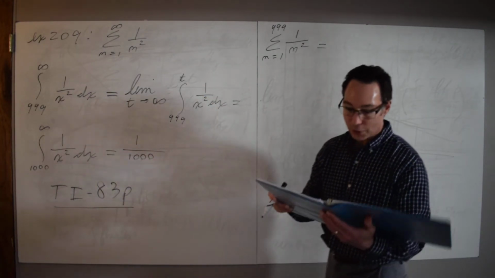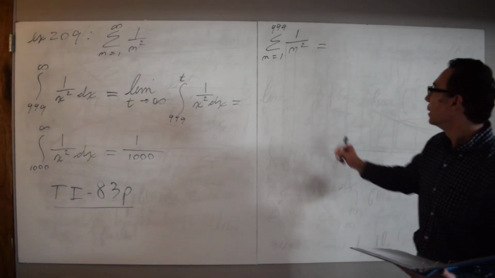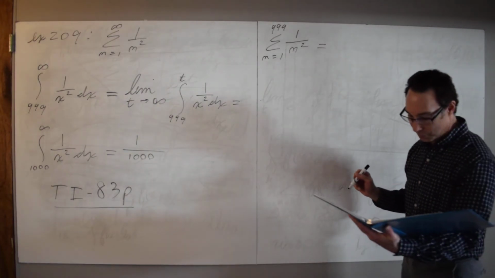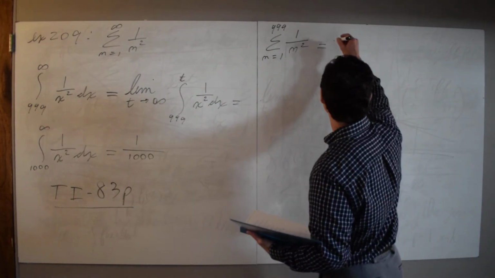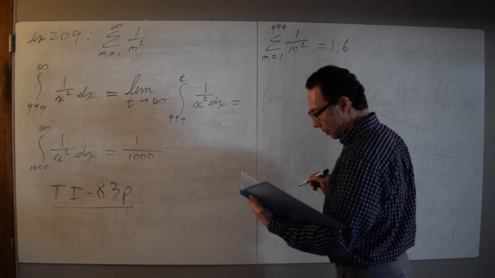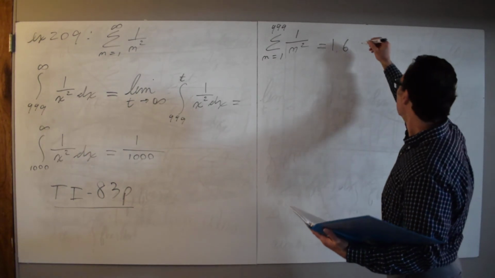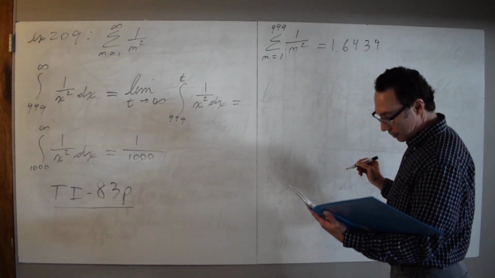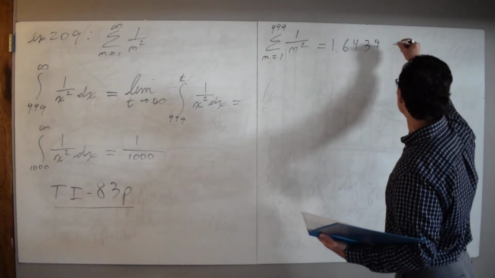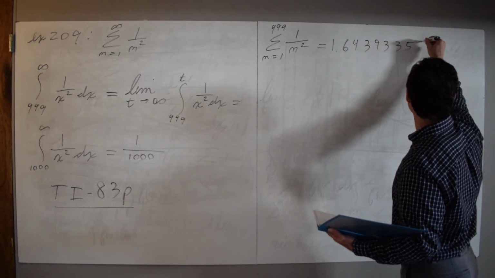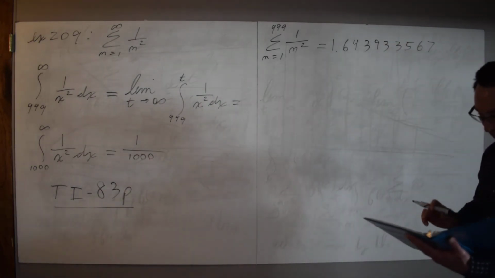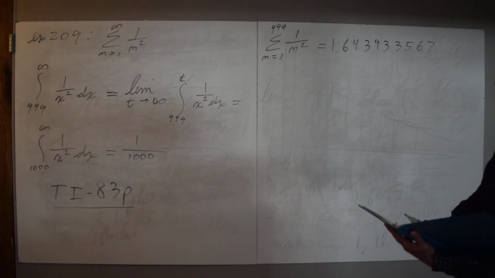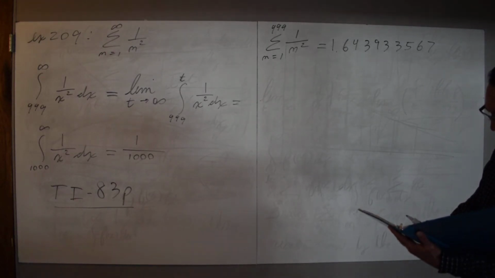This is the reason I chose 999, it was the highest number that my TI-83 Plus would calculate. This is 1.643933567.